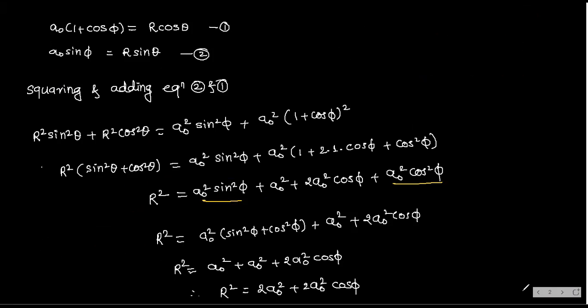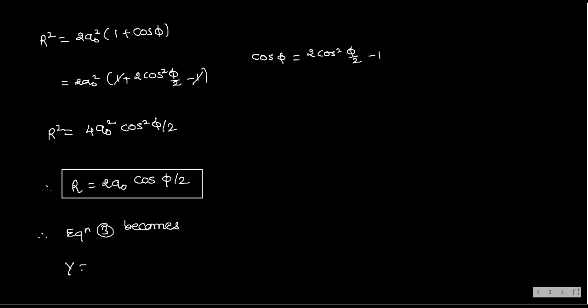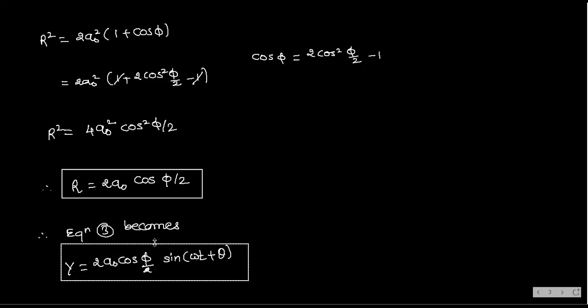So we'll substitute here r value. What we are getting? y is equal to 2A naught cos phi by 2 into sine of omega t plus theta, right? Now we can keep this in bracket. This is what resultant displacement we can say.